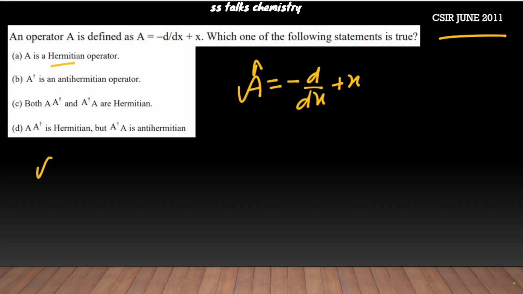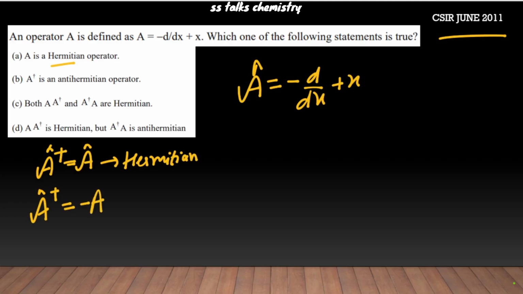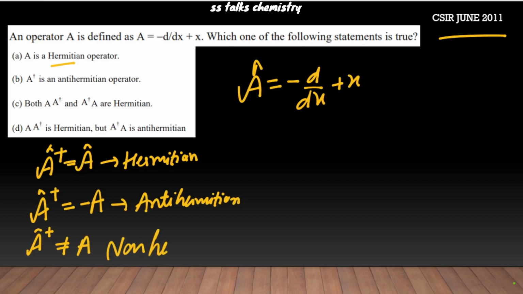If A dagger is equal to A, then the particular operator is called Hermitian. If A dagger is equal to minus A, then this particular operator is anti-Hermitian. If A dagger is not equal to A, then it is called non-Hermitian.